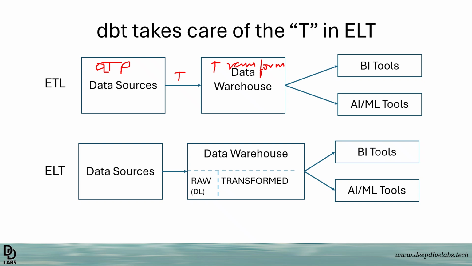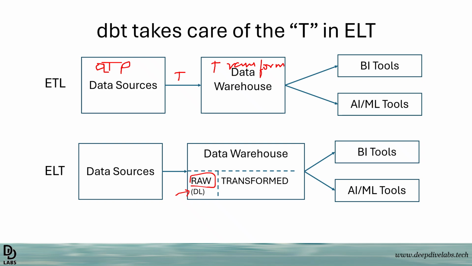What that typically means is your data warehouse now houses not just the transformed data, as in the case of your ETL process, but it actually holds all the raw data. So the raw data load, this is typically your data lake, right? So that's what gets created. It could be a separate step or it could be within your data warehouse, depending on how your infrastructure is set up, really.